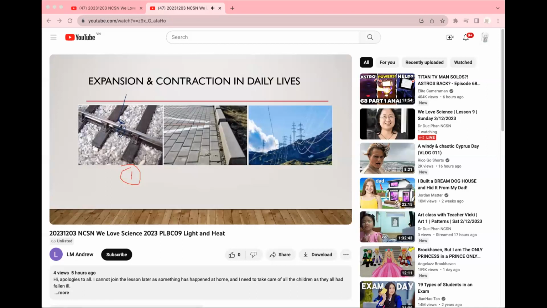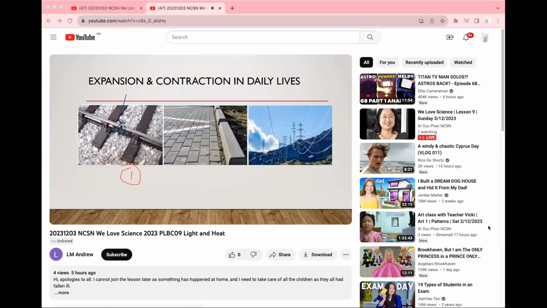Just imagine when there's no gap and the metal expands, the metal on the railway would go into a weird shape, and this will pose a safety hazard to the train that is passing through. Therefore, to prevent any accident, the railway is designed to have gaps in between the metal to allow this expansion and contraction to take place.